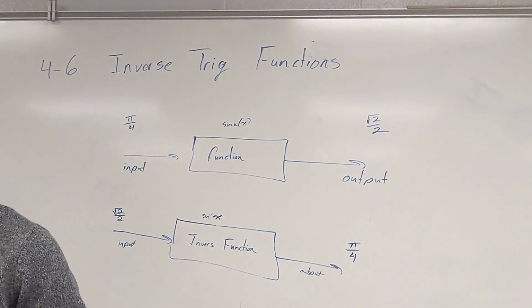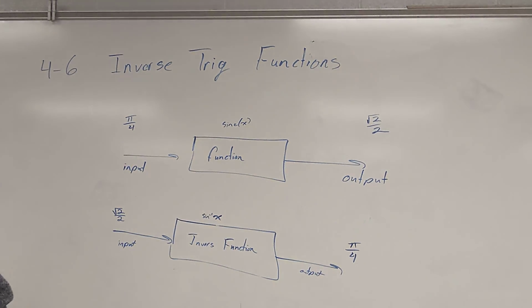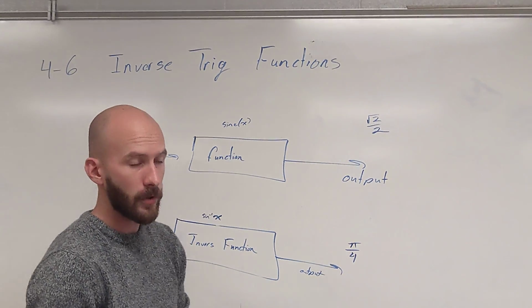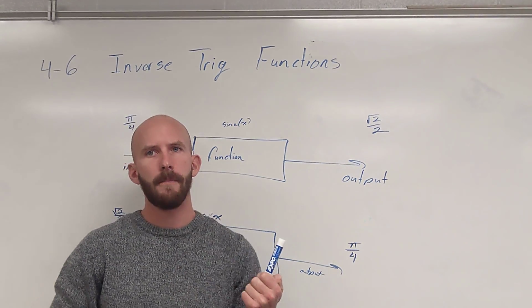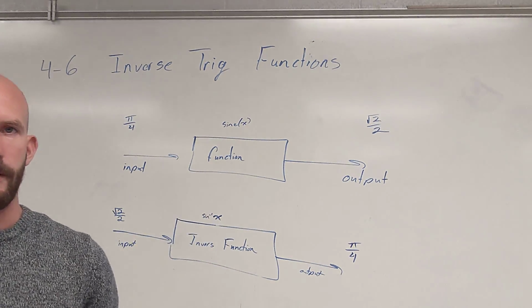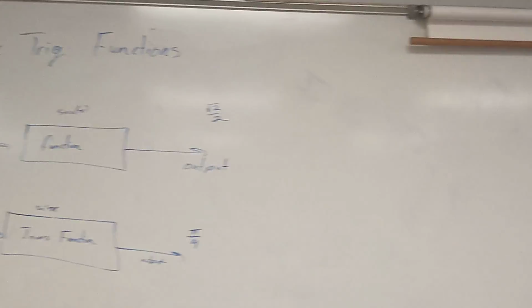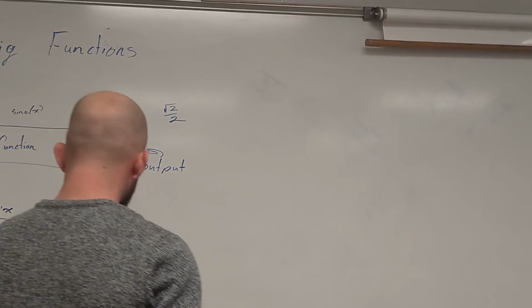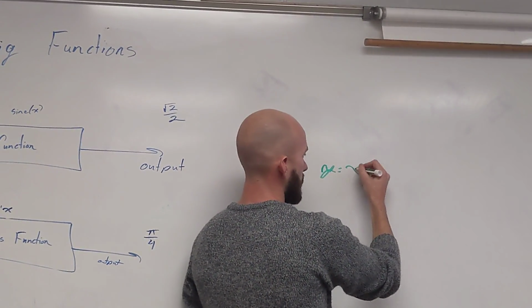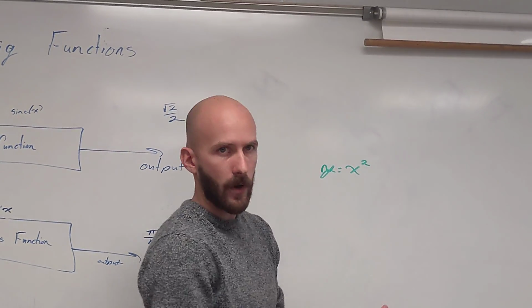Okay? Another example of that would be like kind of to go back and think about some other functions you guys are familiar with. Quadratics. Okay? So just kind of to, you don't have to write this down, but maybe just kind of help make sense of what we're doing. Y equals x squared, right? That's a function.